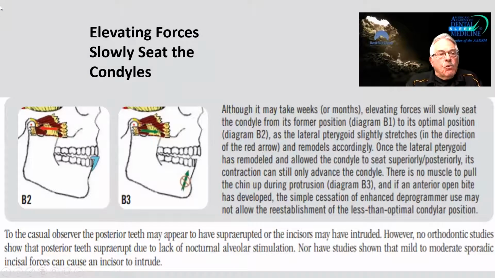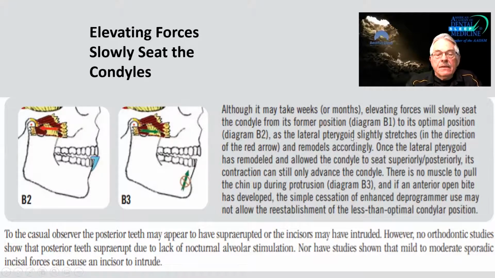So the elevating forces slowly seat the condyles. Although it may take a week or months, again, this is from James Boyd, elevating forces will slowly seat the condyle from its former position, B1, there's not a picture of that here, to its optimal position, diagram B2.